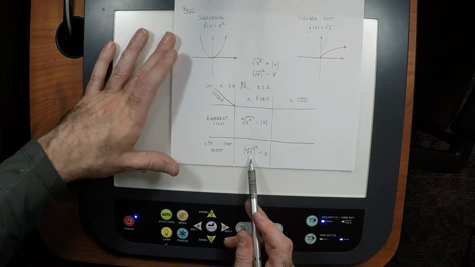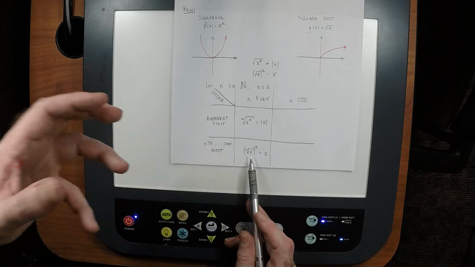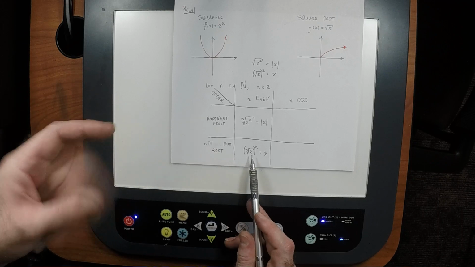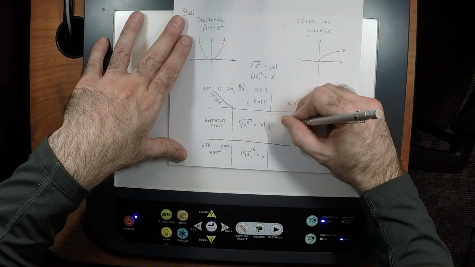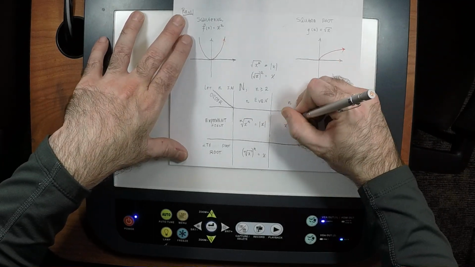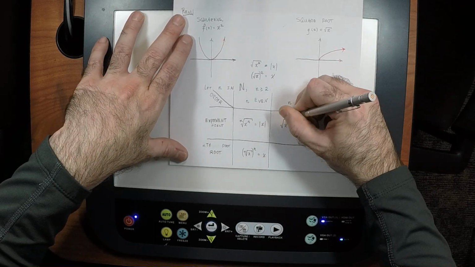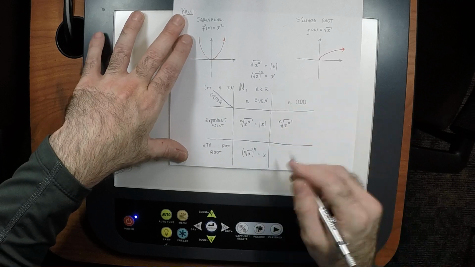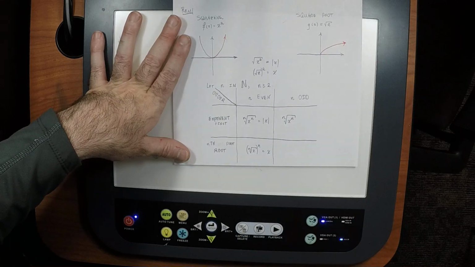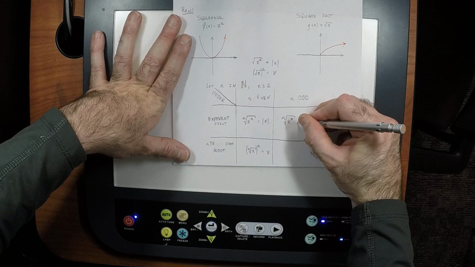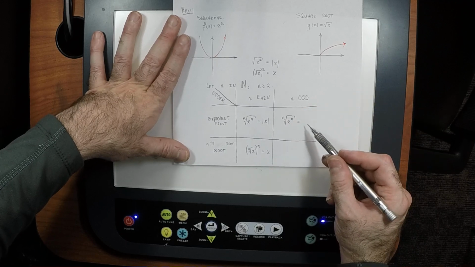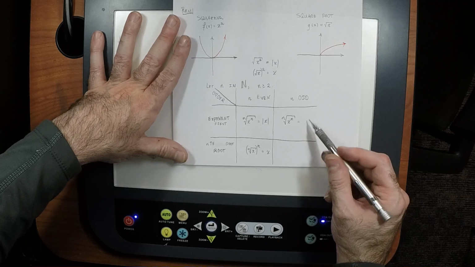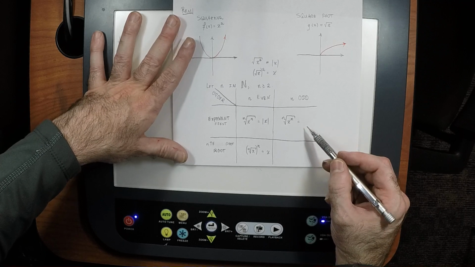And because x is the input to an even radical, that means that x can't be negative. All right. So then what about this case? If n is odd and we raise it to exponent n first, and then follow that up with a radical, what's the answer? Yeah, when n is odd, just x.